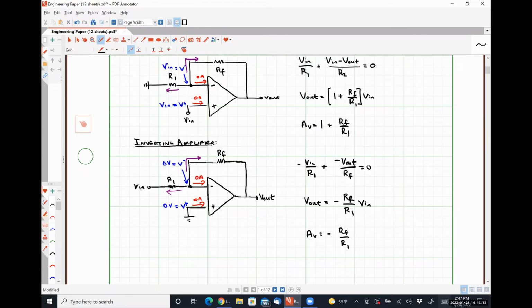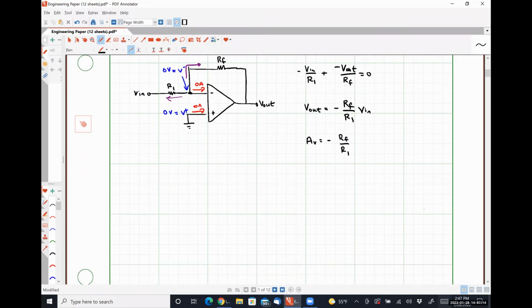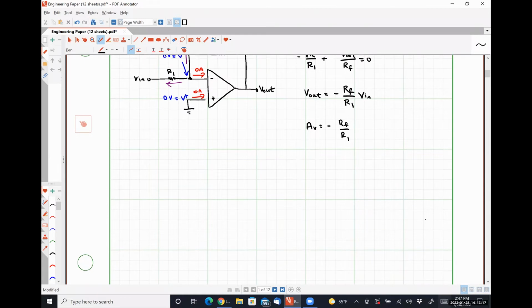Okay. The next circuit that I want to look at is called a differencing amplifier. So let's take our op amp.